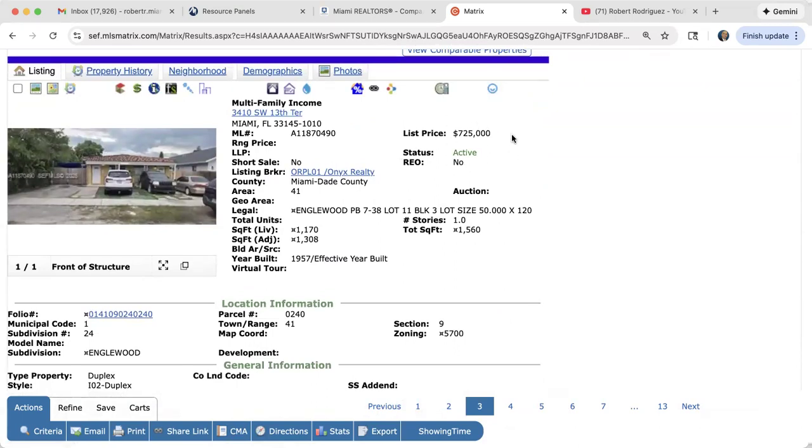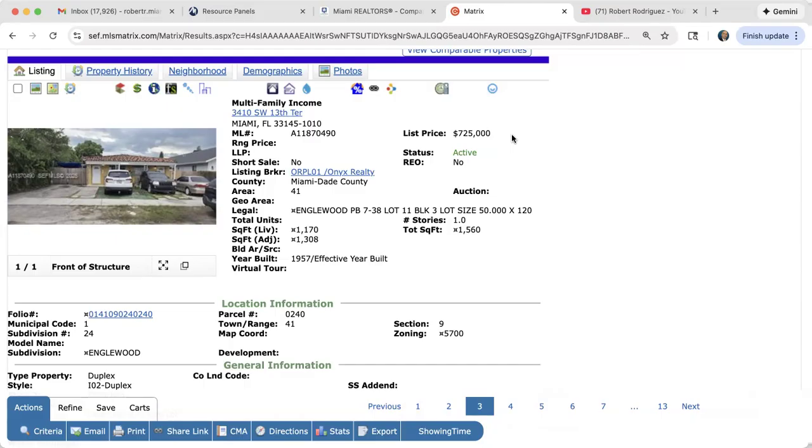You're looking at a purchase price of 725. I like to do the math real quick like this. $4,200 times 12 is $50,400. Divide that by $725,000 and you're looking at 0.069, so 7% gross returns.